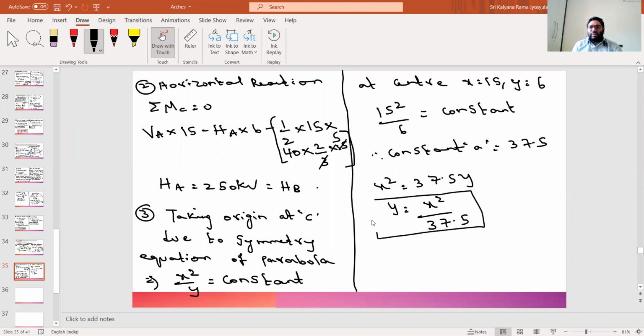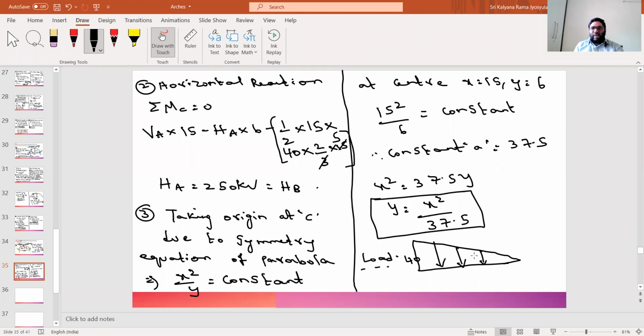See here, this is what we want. This is the equation of parabola for a symmetrical arch, which is parabolic in shape. There is one more thing for us to understand, which is very important. So now for load, you see here, this is 40.